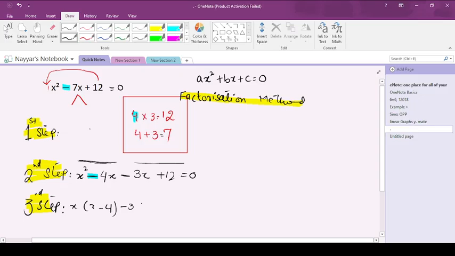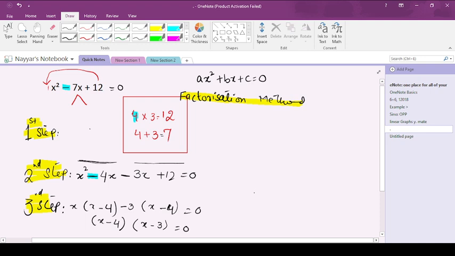If you are taking negative 3 common, the sign inside the bracket will be changed. So 3 times 1 is 3, 3 times 4 is 12. Remember that whenever you do the factorization of a quadratic equation, these two brackets must be the same. x minus 4 and x minus 4. So now you will take x minus 4 common, and you are left with x minus 3.